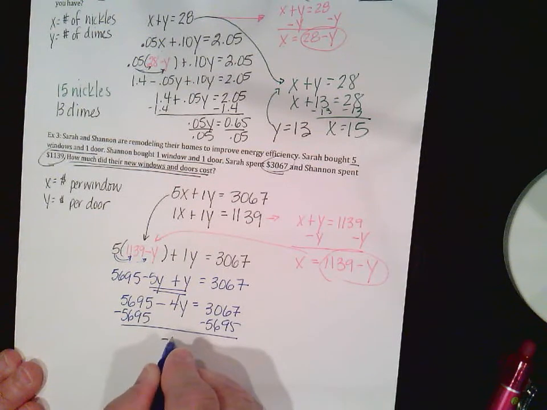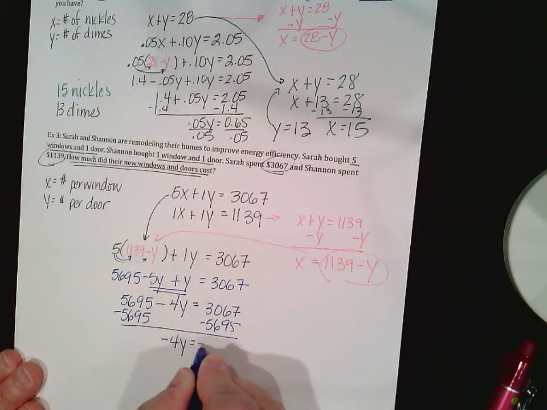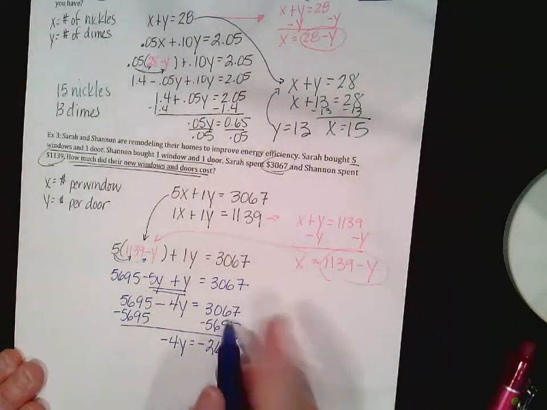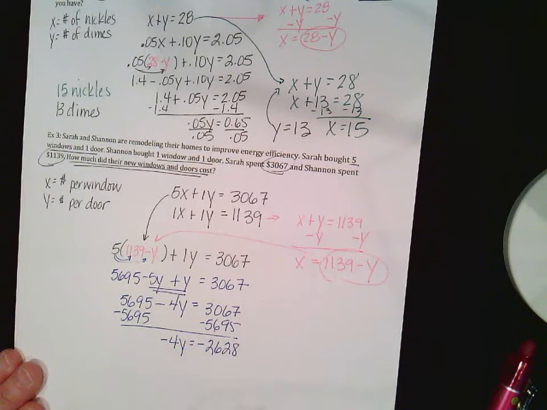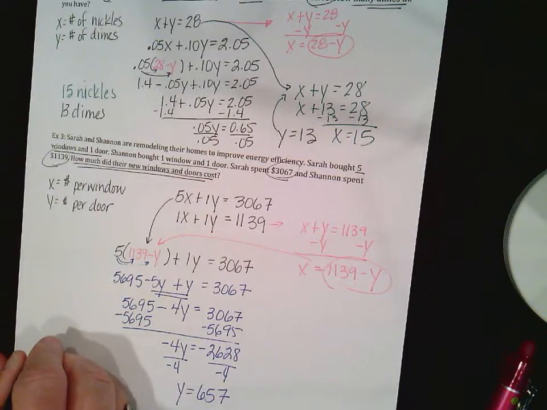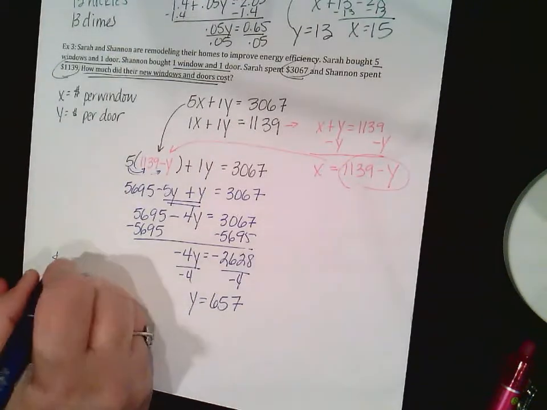And I have negative 4Y equals negative 2,690, whoops, did that wrong, 2,628. Divide by negative 4. And Y equals 657. So I know that she spent $657 per door.